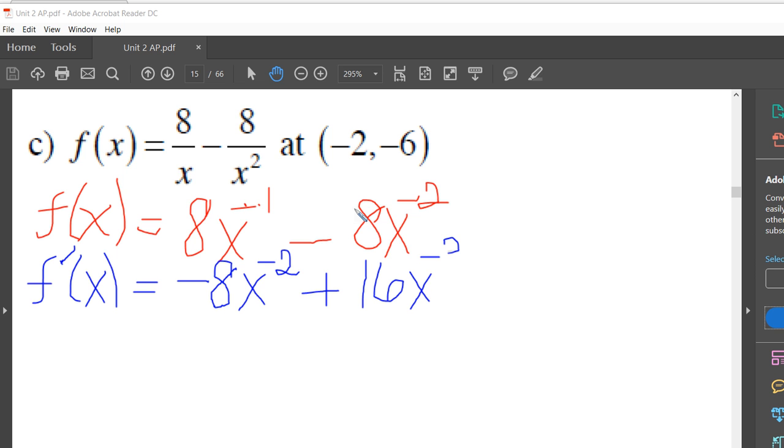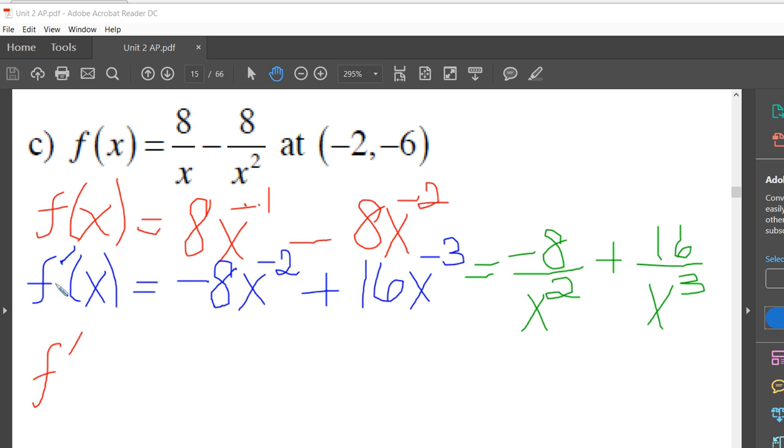I understand that we have to plug in negative 2, but before we just plug it in, let's think to ourselves, are we going to be able to deal with these negative exponents? Probably not. So let's bring them down. So this really becomes negative 8 over x squared plus 16 over x cubed. Then let's plug in negative 2 because we know what to do now.